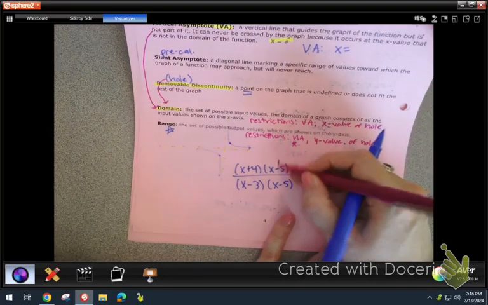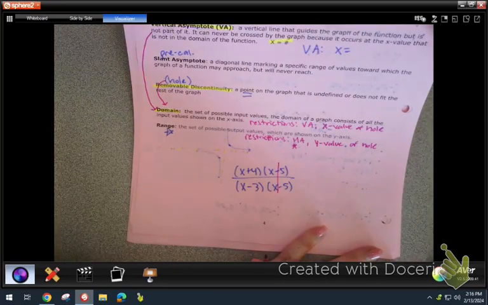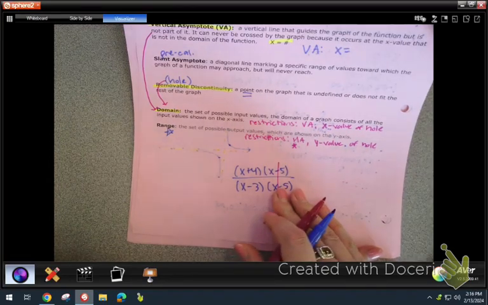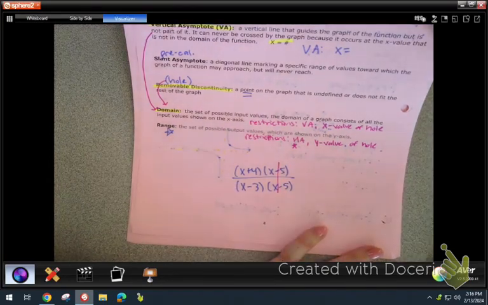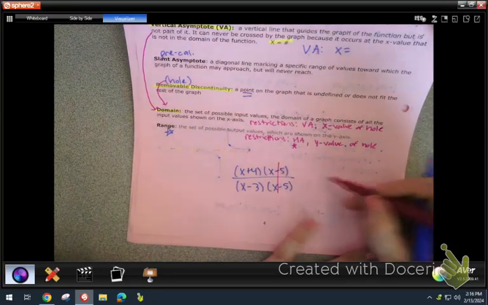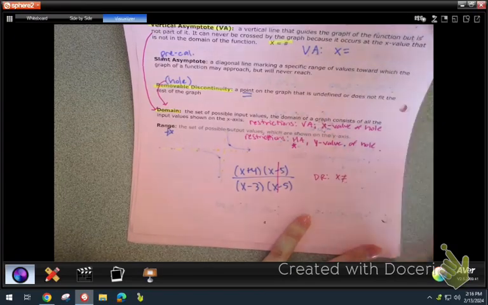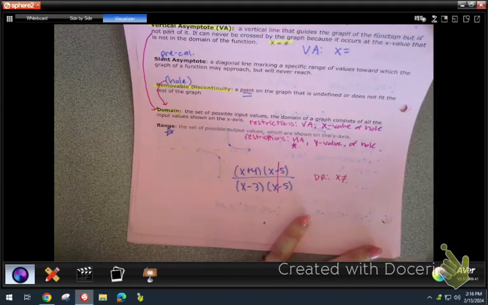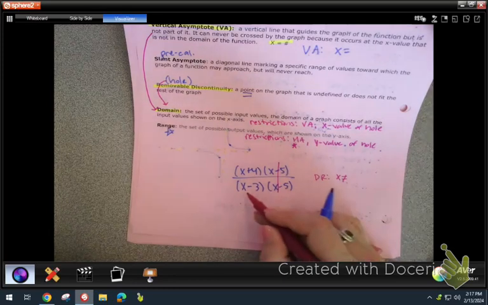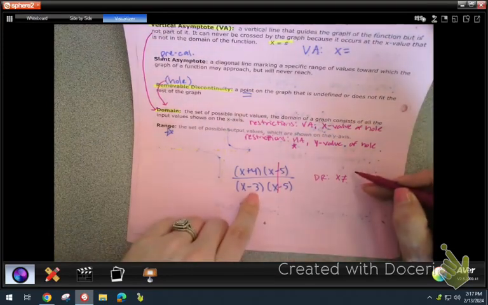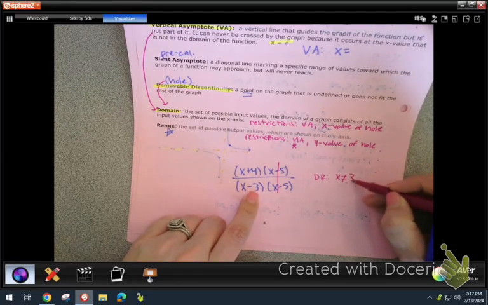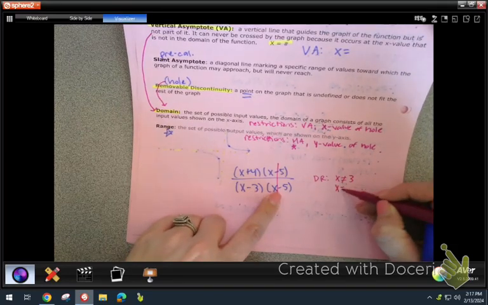You would cancel this out because they're a common factor right there. But that was there in the original problem, right? So even though it can simplify down, it is there originally. So what would you tell me were the domain restrictions? What can x not equal? X cannot equal, no. It's in the denominator. X cannot equal 3. What else can x not equal?